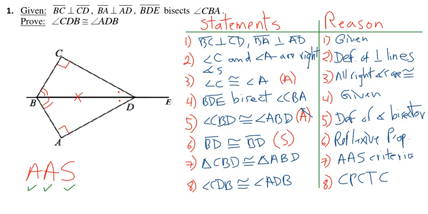That's why in order to use this, you need first to prove that the two triangles are congruent. So CPCTC comes after a congruence criteria. It cannot come before. Okay, because we know that if you have two triangles that are congruent, then all the parts are congruent. So here is what we have.